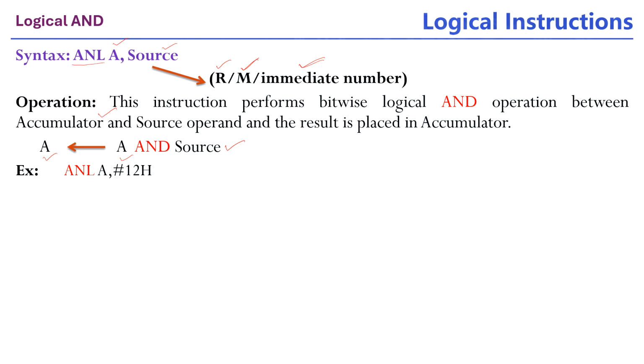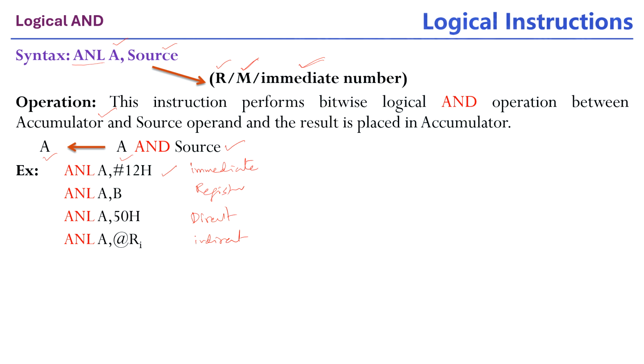Let us see some examples. ANL A, #12. Other examples are ANL A, B; ANL A, 50; ANL A, @R0. The first is written in immediate addressing mode, this is register addressing mode, this is direct addressing mode, and this is indirect addressing.